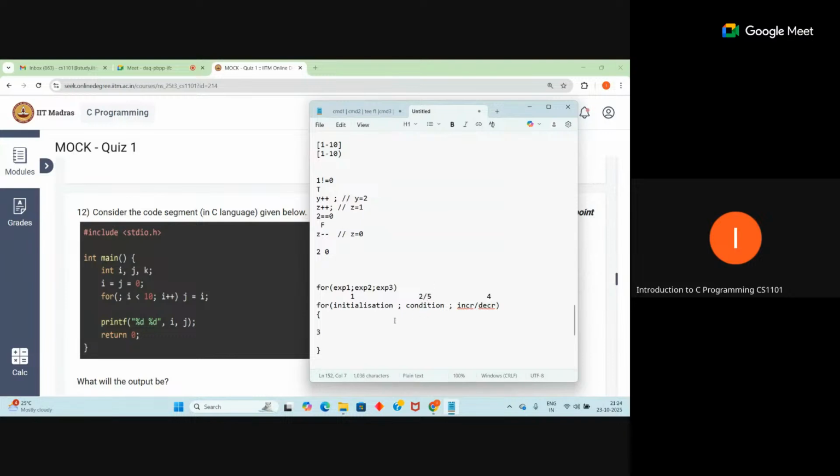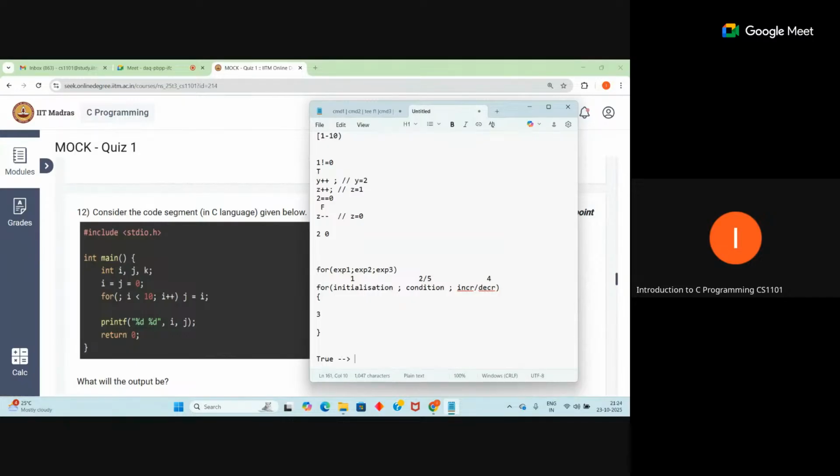So the condition is true. As long as the condition is true, it will be in this loop. Second statement, third part, fourth part, again second part.